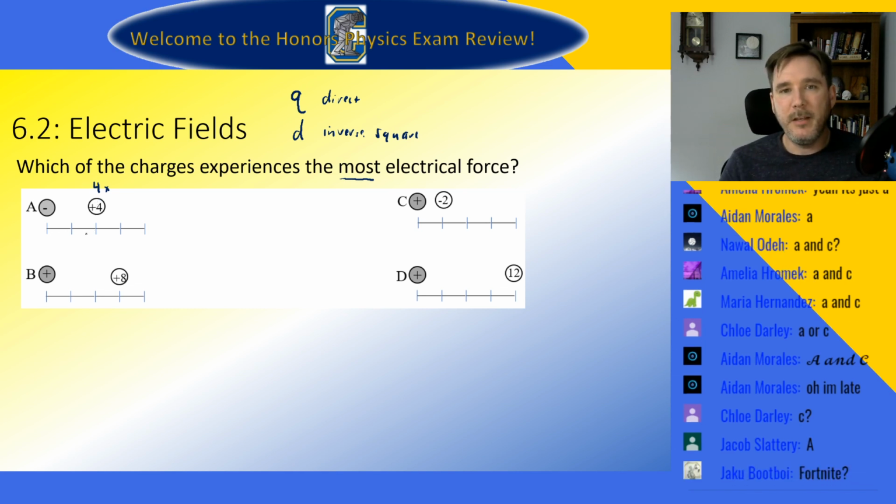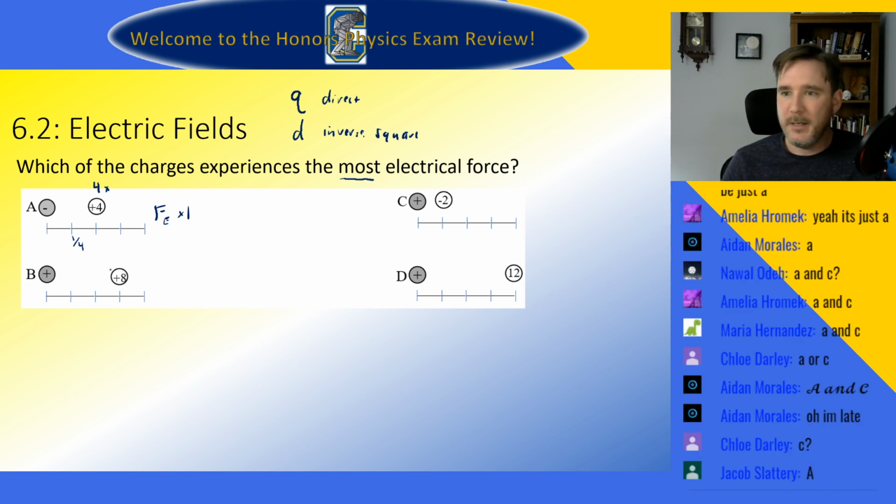But because it is 2 units away, because of the inverse square law, it will be 1/4 the force. So you take them together, and this is going to be basically experiencing 1 times the force. It's going to be experiencing the same force as our baseline.